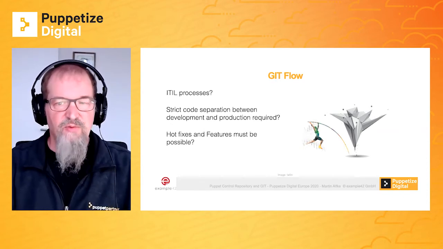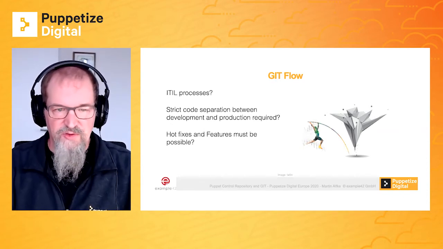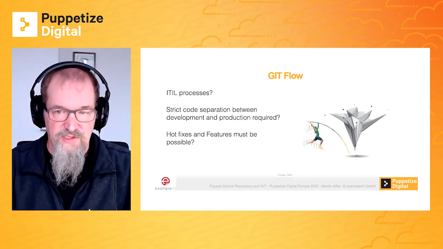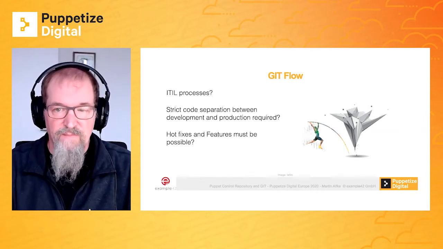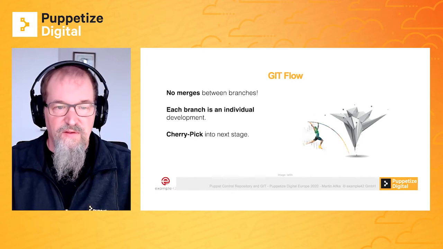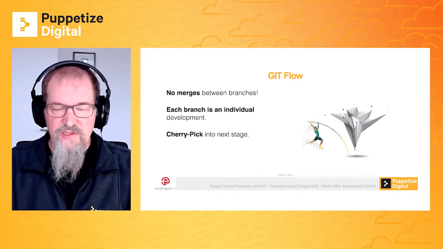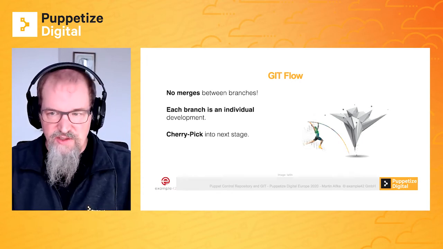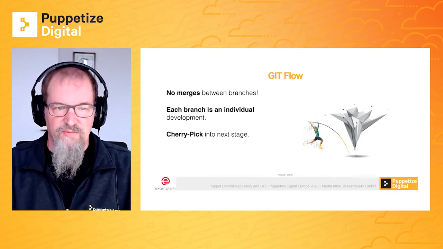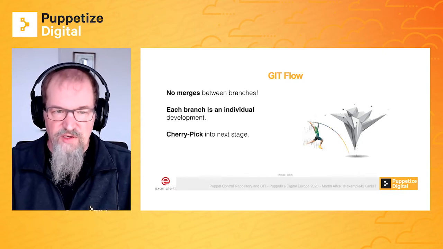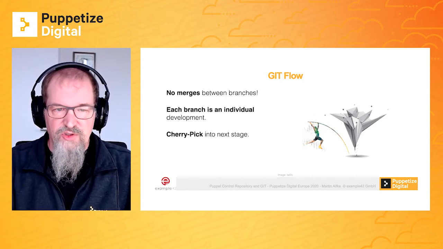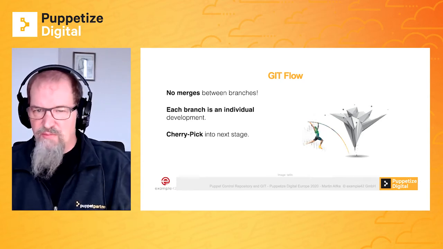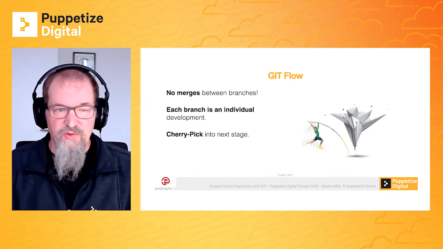And this is something where Git Flow comes and helps you and brings you some processes that you have to follow. There are several requirements that I say these are essential when working with Git Flow. The first one is never merge between branches. But that's the way how we usually bring changes inside. How else should we do this?